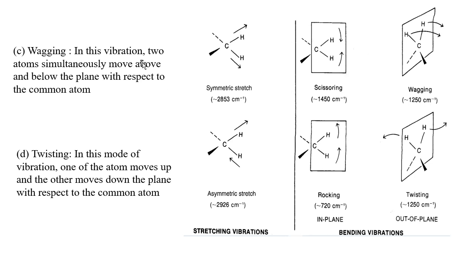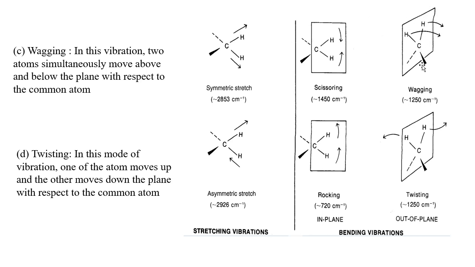In wagging vibration, two atoms simultaneously move above and below the plane with respect to the common atom. See, it is the plane with respect to this carbon atom. These two hydrogen atoms move both above the plane of this carbon atom or both below it.